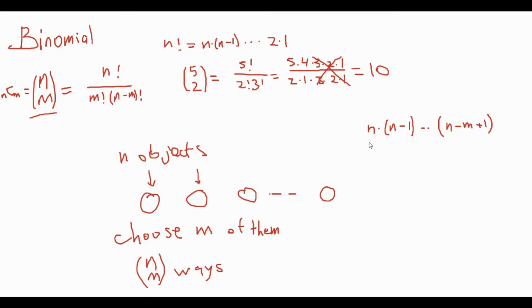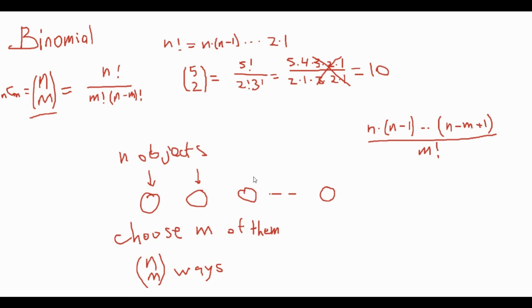In fact, we've overcounted exactly m factorial times, because if we have m different objects that we chose in order, choosing them in any order would still yield the same group. So there are m factorial ways to choose them, so I have to divide by m factorial.